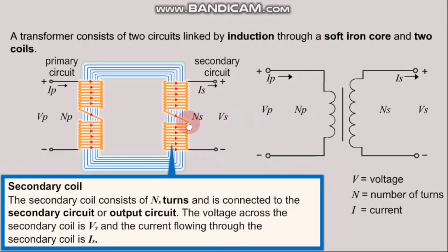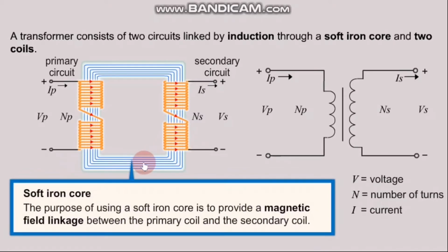While this is the secondary coil. It is a coil consisting of NS turns and connected to the secondary circuit or the output circuit. The voltage across the secondary coil is VS, while the current flowing through the secondary coil is labeled as IS.